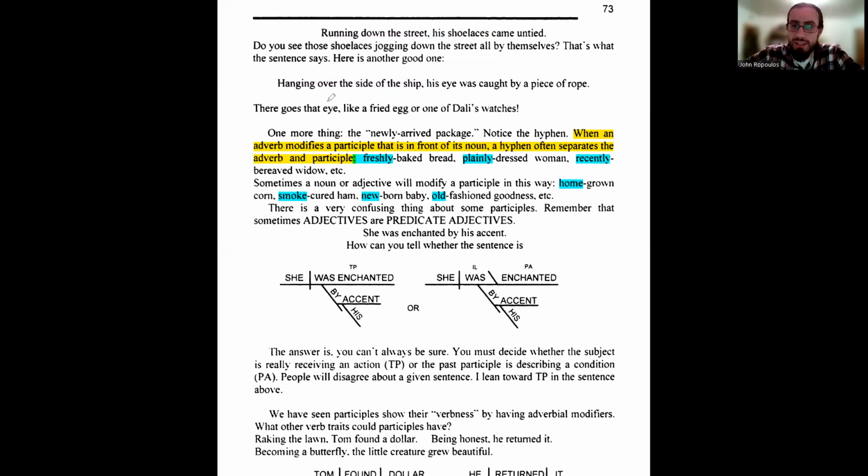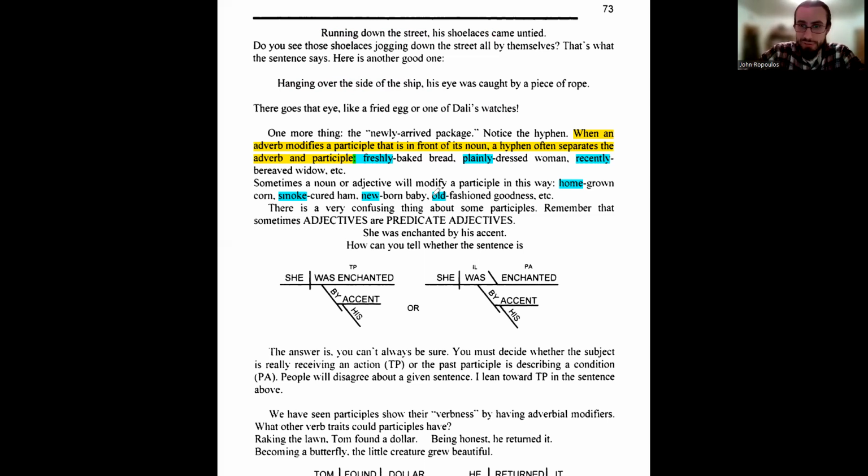One more thing. Another little thing about participles. Well, a couple more things, but the newly arrived package. Notice the hyphen. When an adverb modifies a participle that is in front of its noun, a hyphen often separates our adverb and participle. So notice the freshly baked bread. We have a participle, baked. It's being modified by freshly, right? Which is an adverb, ly.